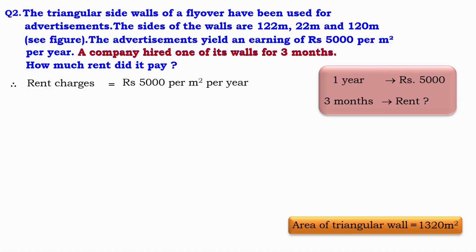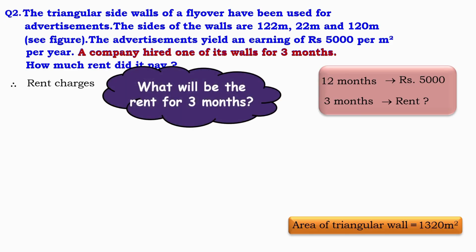Now here we know this is a direct relationship. 1 year means 12 months. Whenever the number of months increases, the rent also increases. When the number of months decreases, the rent will also decrease. So it is a direct proportion. What will be the rent for 3 months?